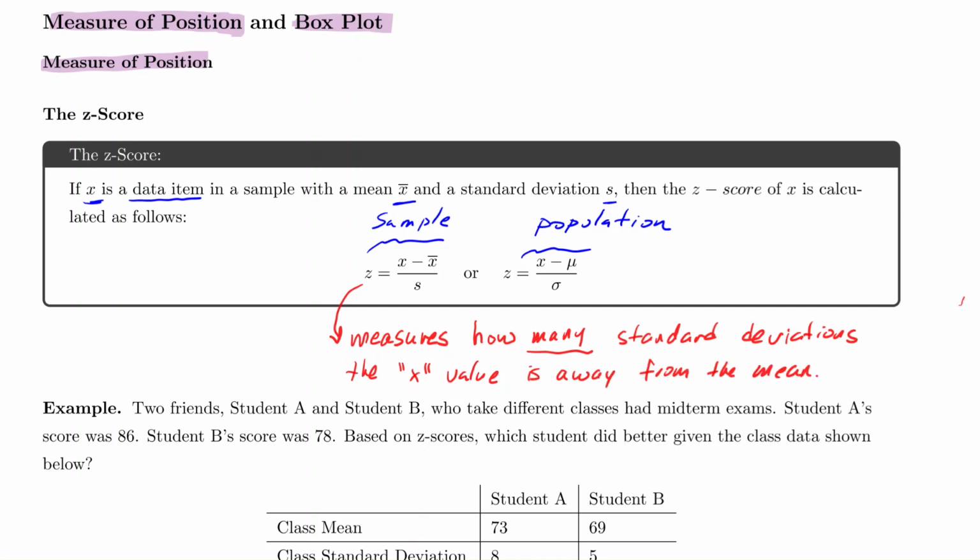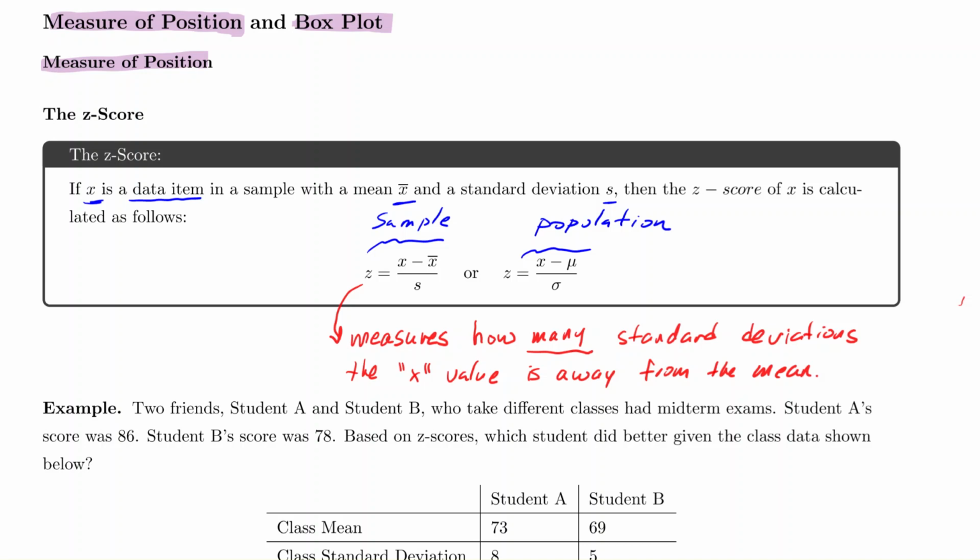So the z-score tells us how far away a specific numerical value or data point is from the mean, using standard deviation as a unit of measure. This one is unitless because we're dividing by standard deviation. There's no inches, centimeters, or kilograms. This is a unitless number. We're already counting with standard deviation.